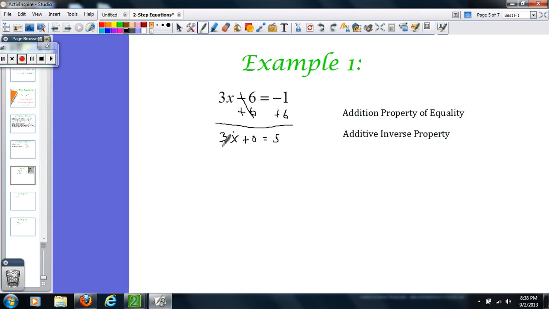Then from here we take this down, and this is 3x equals 5.